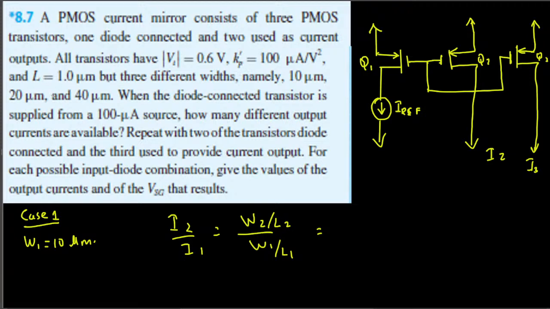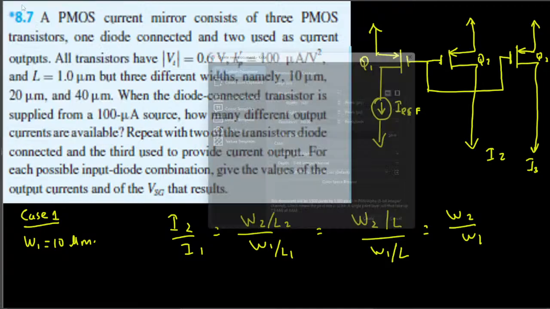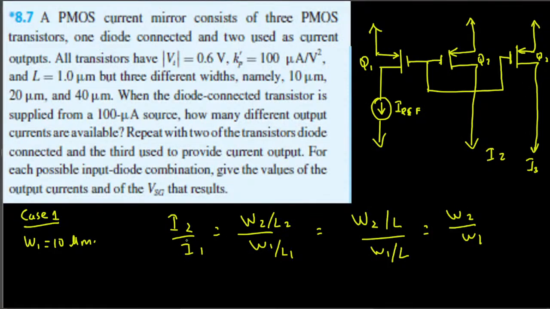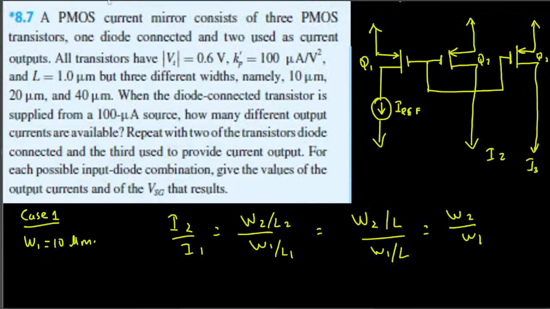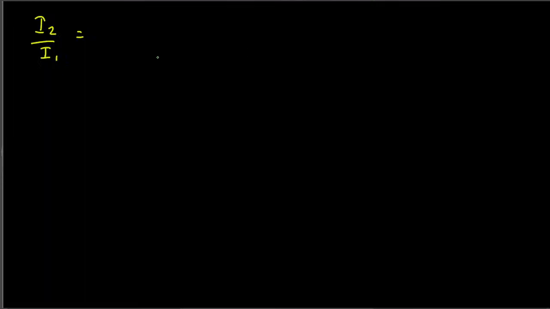So length is equal for all of them, which means we can write W2 over L, W1 over L, and the length cancels out, so we end up getting W2 over W1. And let's continue on the next page. So from this, we formed the equation I2 over I1 is equal to W2 over W1.